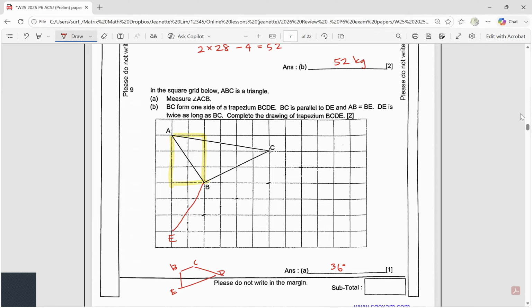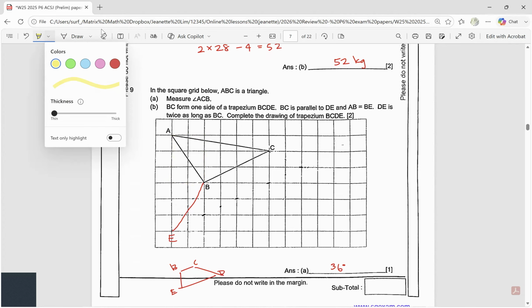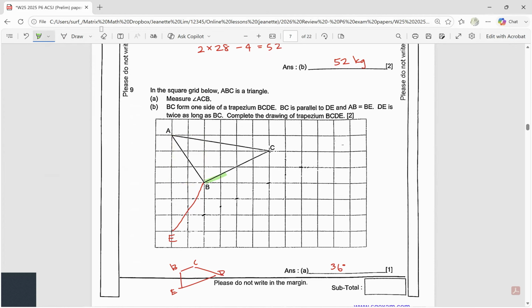And next we have DE is twice as long as BC. So DE is the parallel line of BC. So if this is BC, DE has to be twice as long. So if we look at BC, you can see that it cuts across 2 squares, and then another 2 squares.